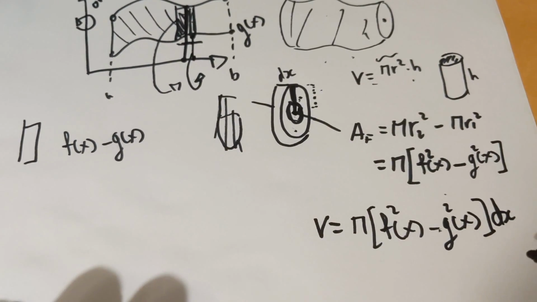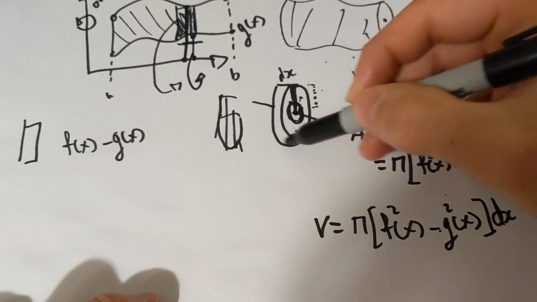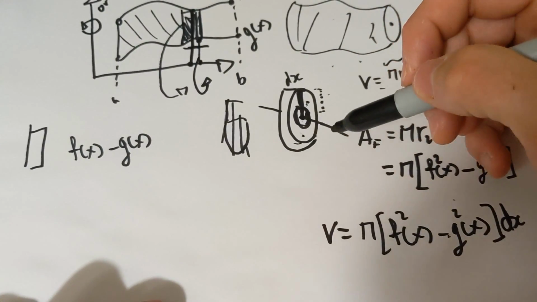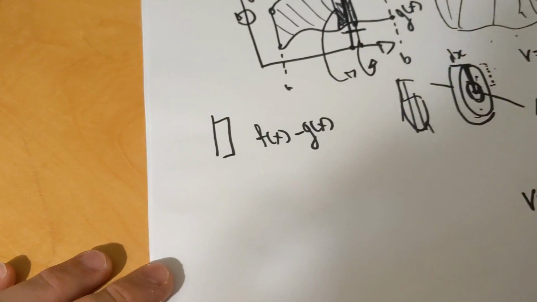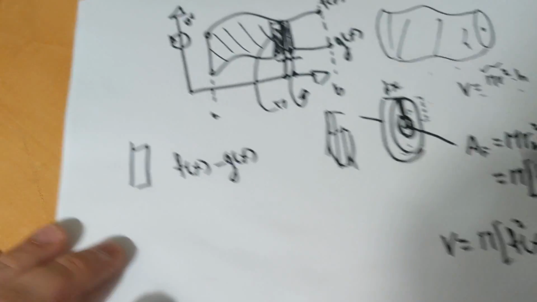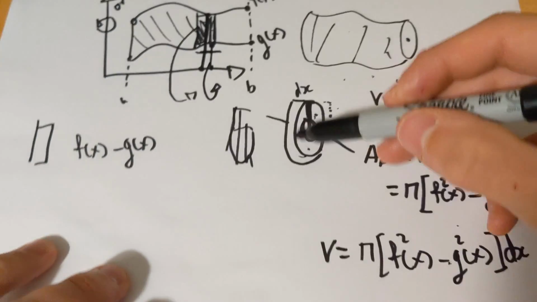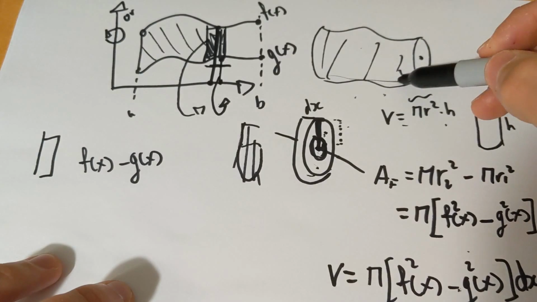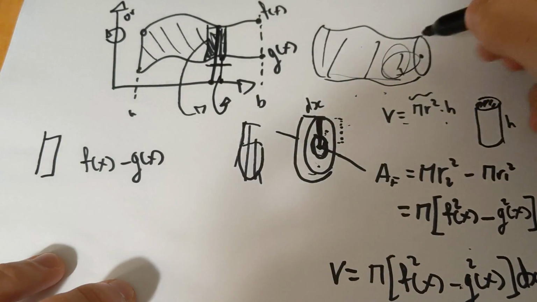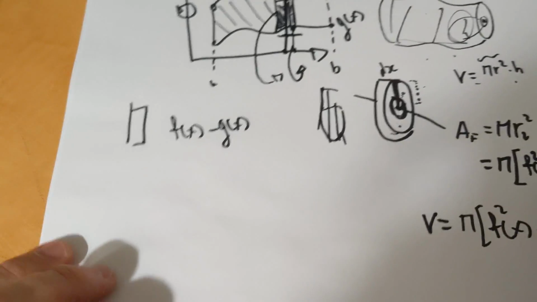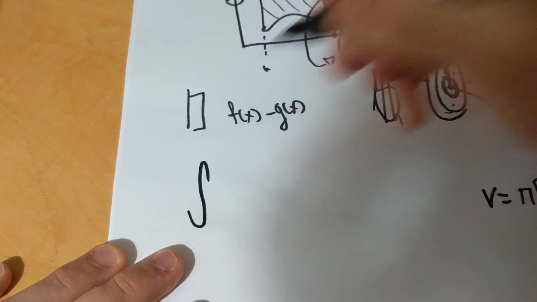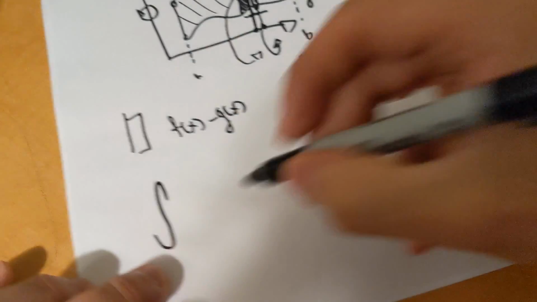So this is the volume of this one washer. This is the washer method. And we can find the volume of all the washers, or the overall volume of this thing, by using an integral. So we can integrate this volume of one.